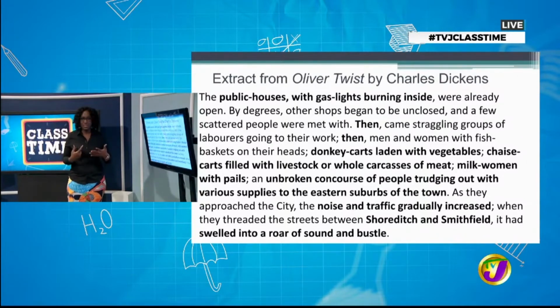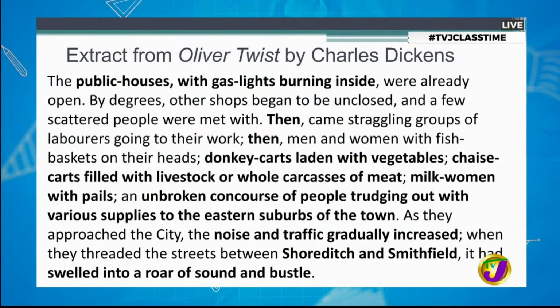And notice too, the next thing true to the time period: gas lights. We have electric lights. I don't know of anyone with gas lights. There might be one or two people perhaps, but for the most part, we use electric lights. So we know that this is a time that is not present. This is in a prior time. Notice the use of the word then. Then came straggling groups. Then men and women.